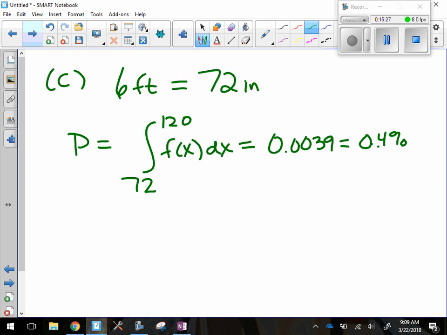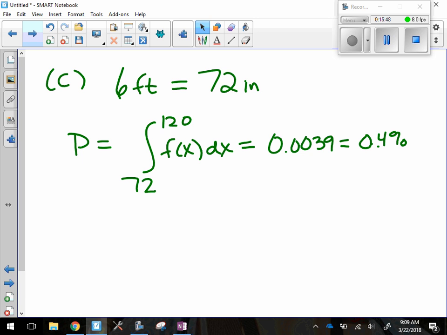Okay. And what's nice about actual physical situations is that you know what the upper limit is. You know there's not going to be someone that's infinitely tall. You know there's not going to be somebody that's 10 feet tall. So that's a good upper limit.